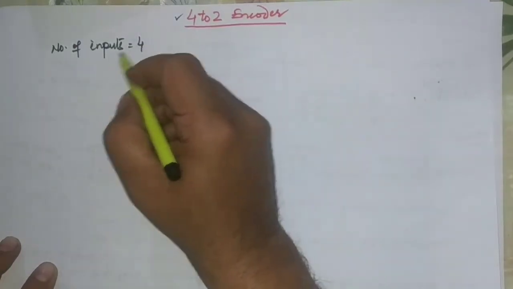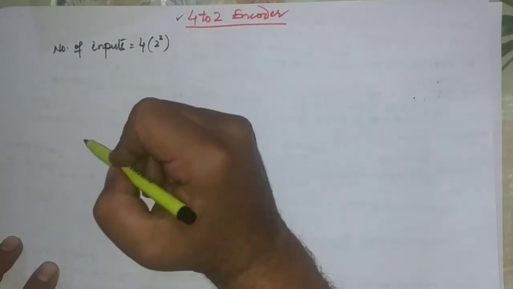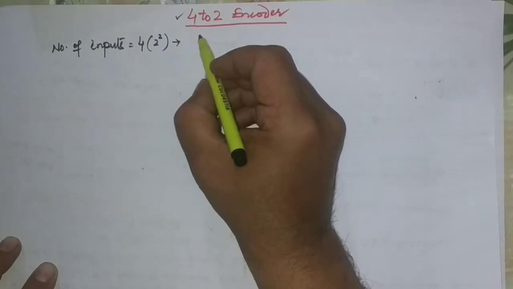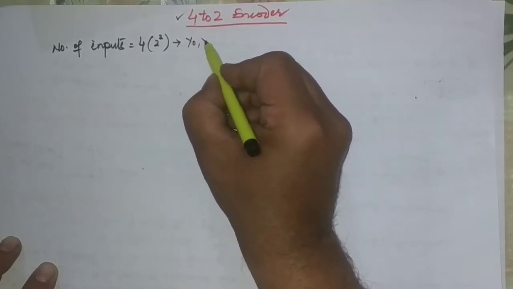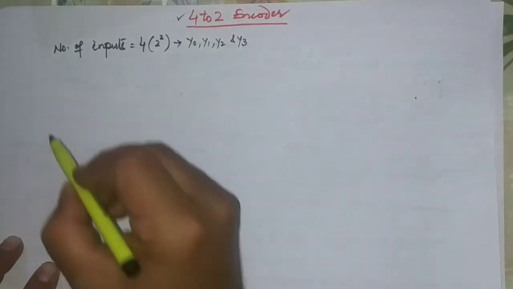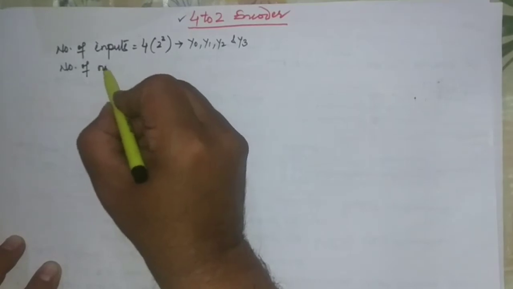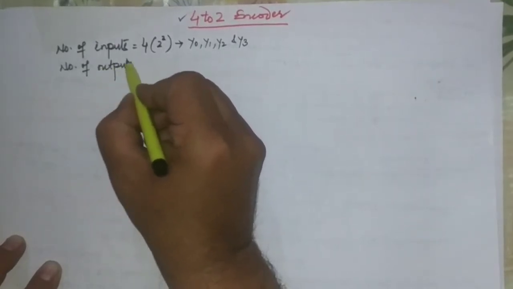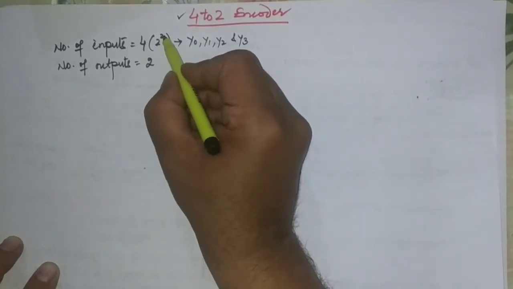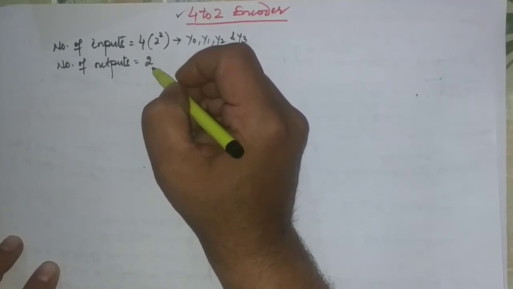So here the number of inputs is 2 raised to power 2, and we name these inputs as y0, y1, y2 and y3. The number of outputs will be 2, because if the number of inputs is 2 raised to power n, then n will be the number of outputs.